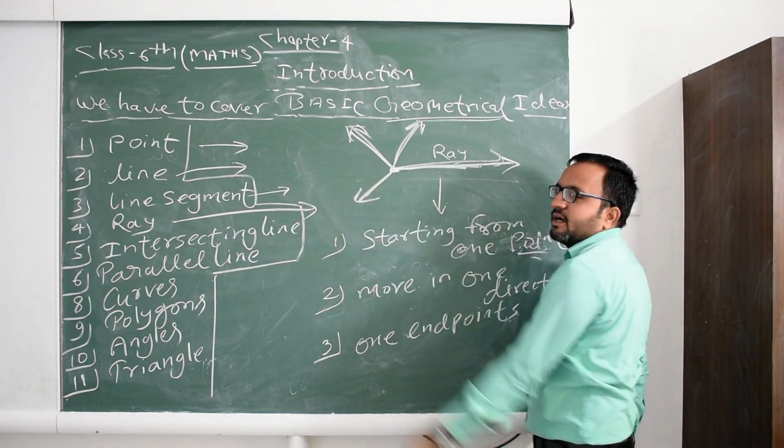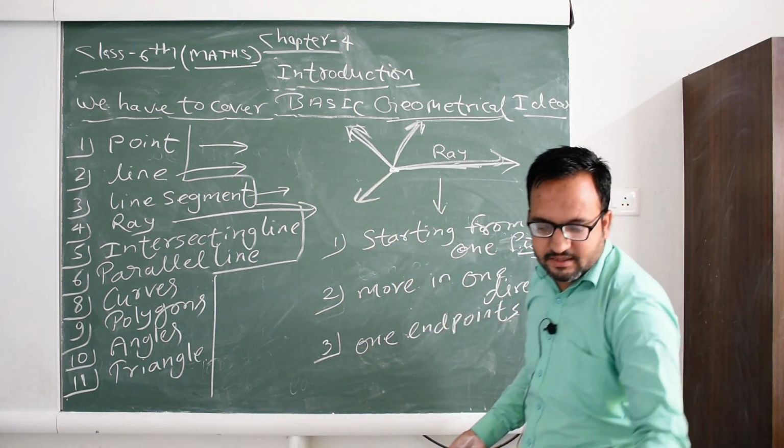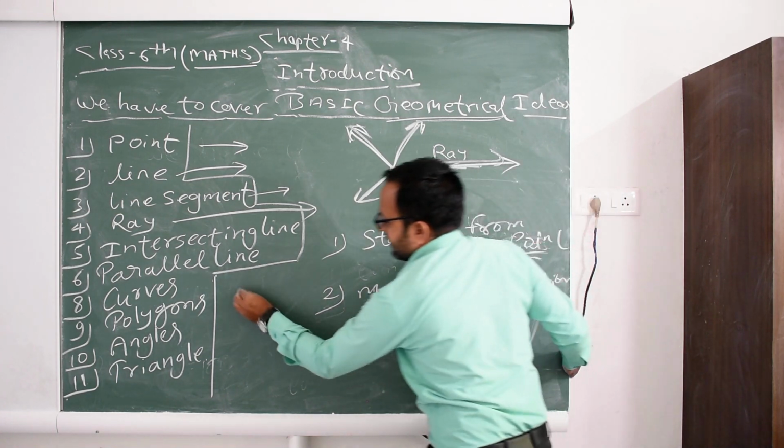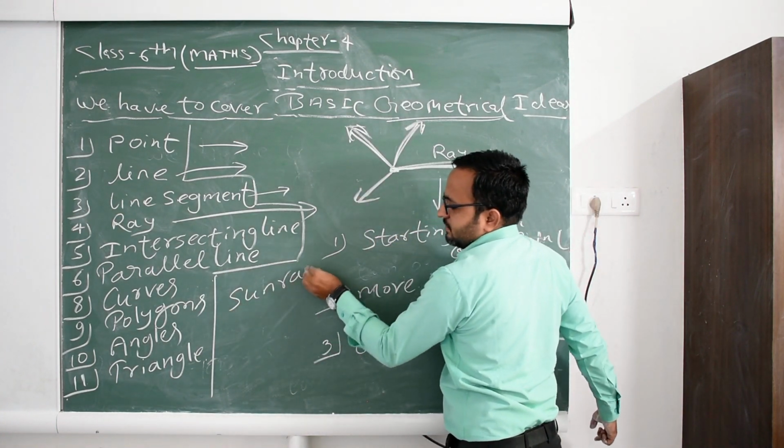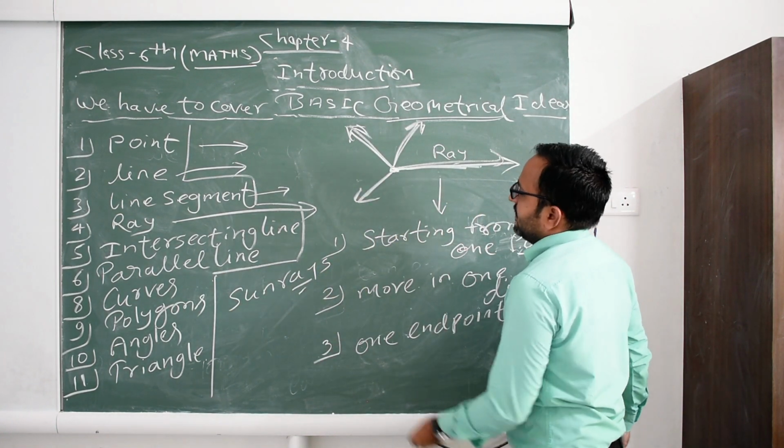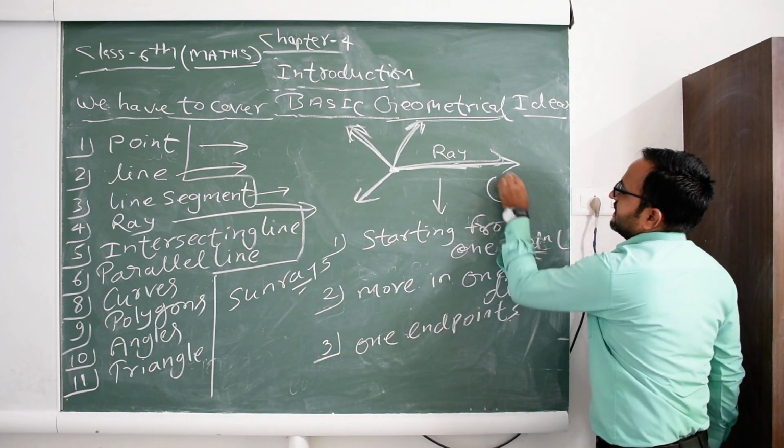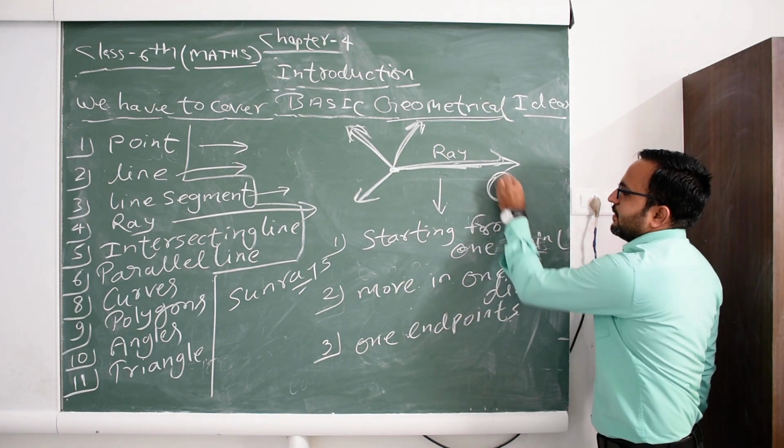This is a single point. The best example of rays is sun rays. This is a sun, this is the end point.